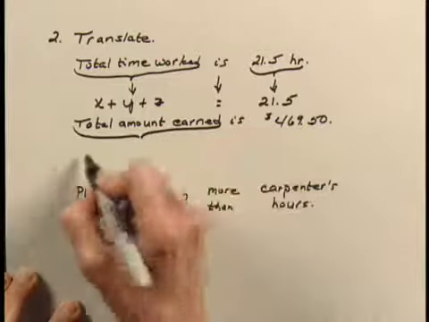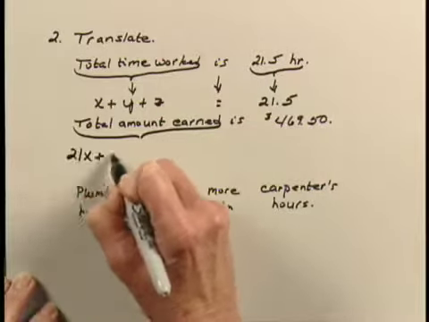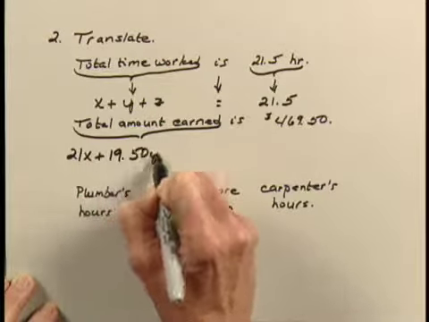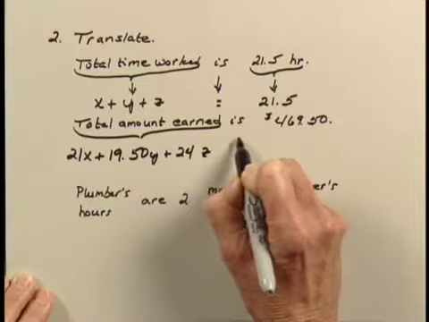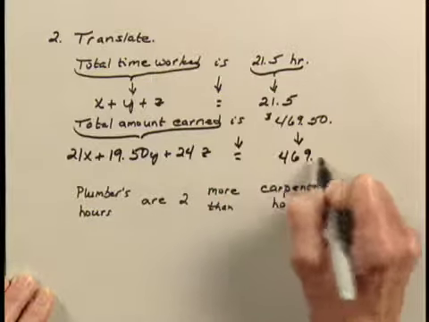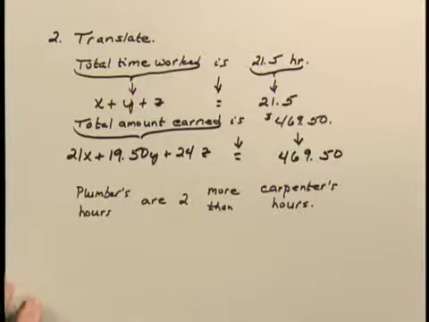We said that the electrician was $21 per hour, and next we had 19.5 times Y, and finally we had 24 for the plumber times Z, and that is equal to 469.50.